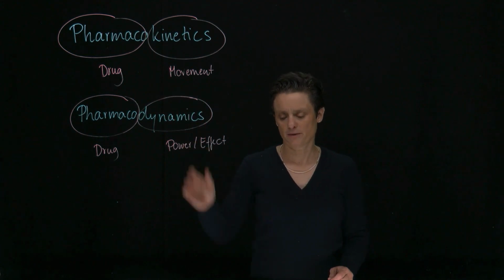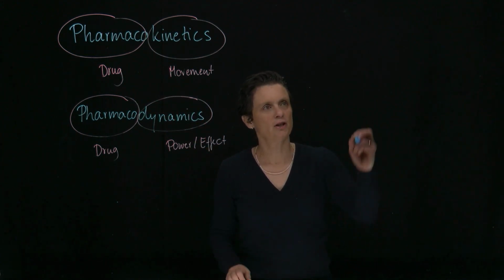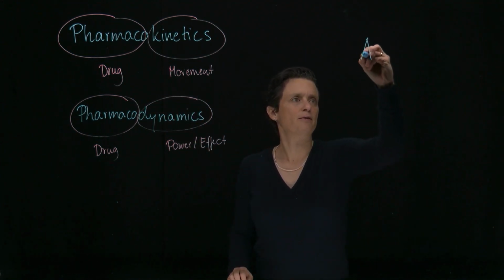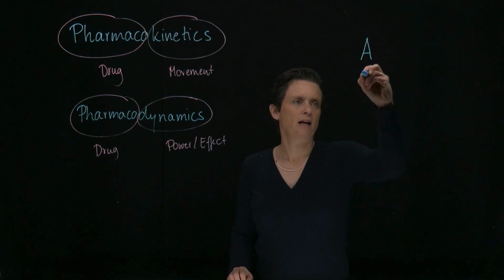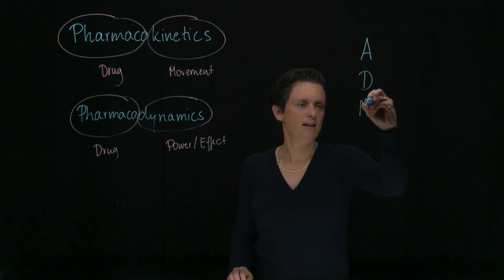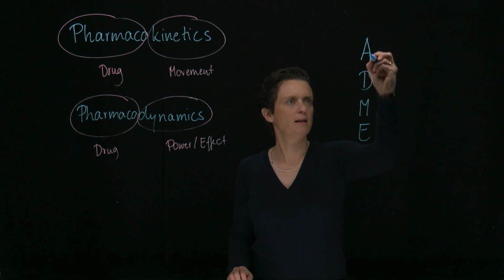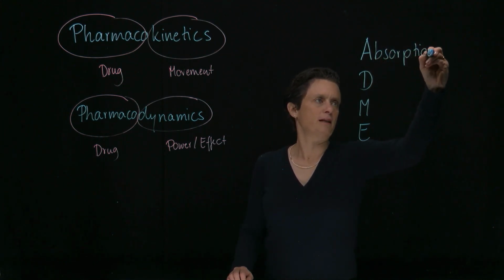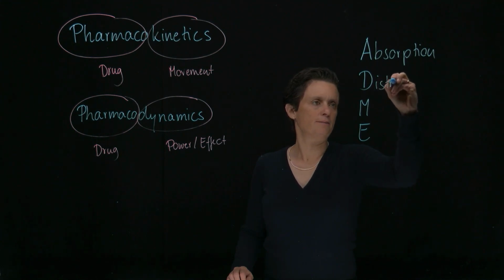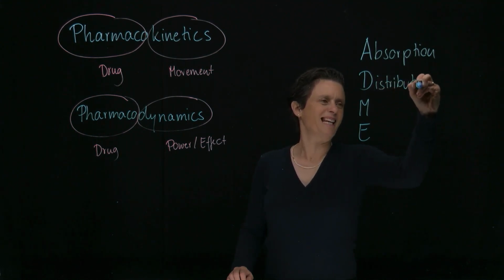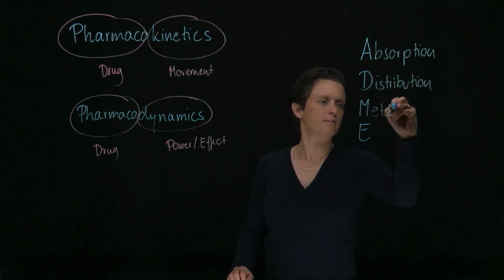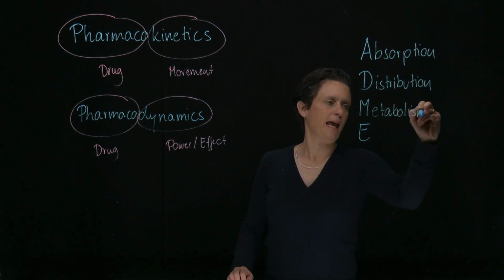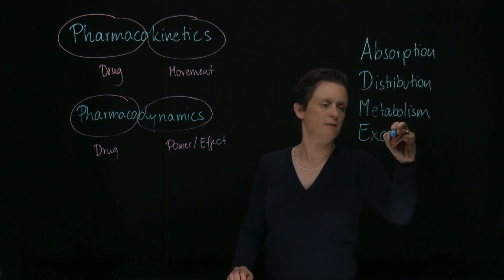When we are thinking about pharmacokinetics, we usually think about a couple of key characteristics, and a lot of times they're abbreviated as ADME. And this stands for absorption, distribution, metabolism, and excretion.